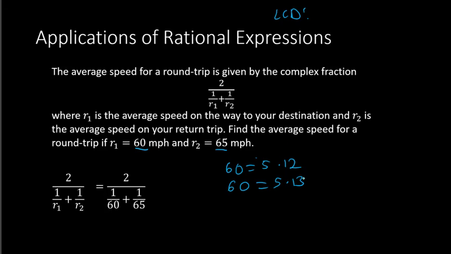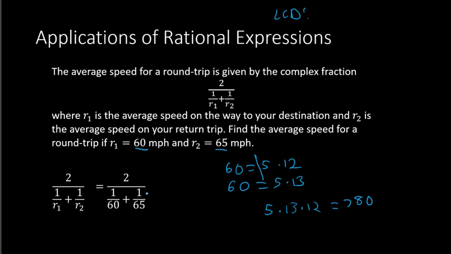And 13 is prime. 12 we can break down further if we want to, but it's not necessary in this particular case. So we see 5, so we take a 5, and then we see a 13, and then we see a 12. Multiply all those together, and that's going to give you 780. So that is going to be your least common denominator.